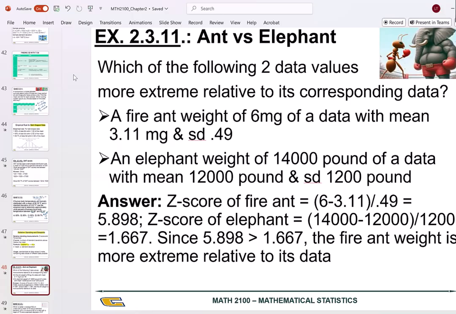From that, you can see that the z-score of the elephant is much bigger than that of the ant, so the elephant is more extreme relative to its data. This is the beauty of the z-score, right? You standardize everything to its own data, and from that, this kind of comparison becomes possible.